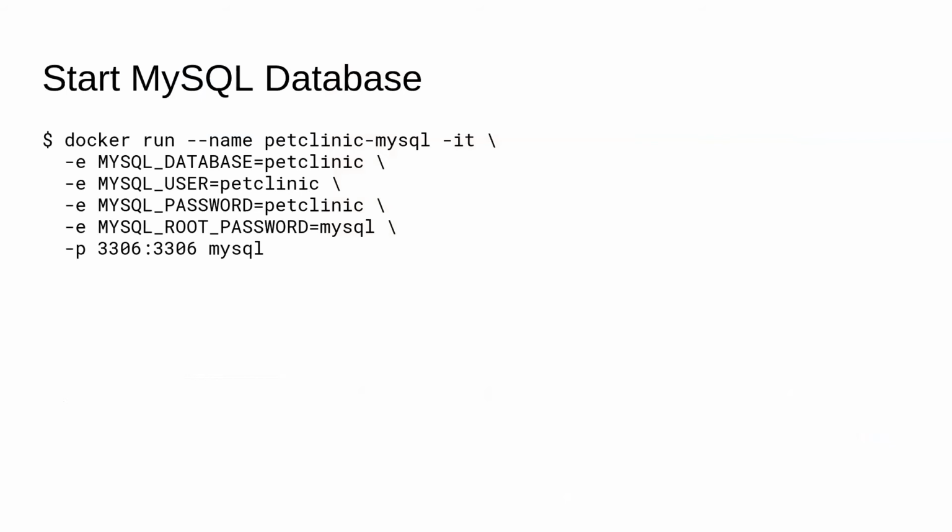I have a demo prepared on the slides, and I'll show all the steps on the slides, and then I'll show it running live, so we don't have to wait for all the commands to finish. First, we'll start the MySQL database using Docker. This is the command. It will create the database and user, set a password, and publish the database on a particular port.